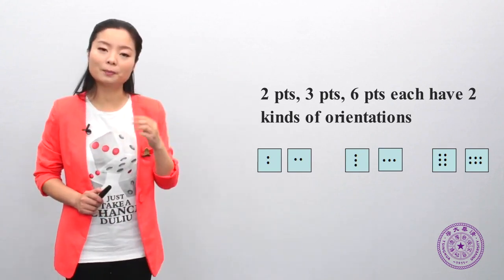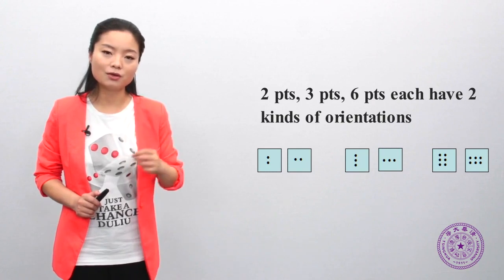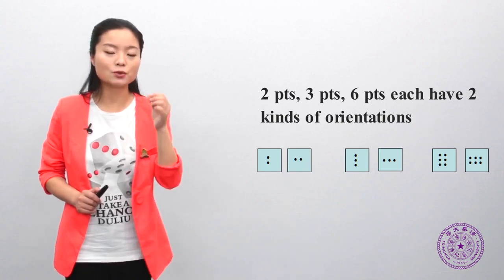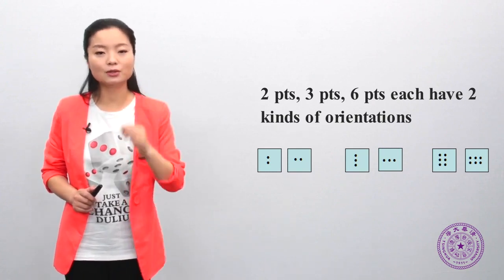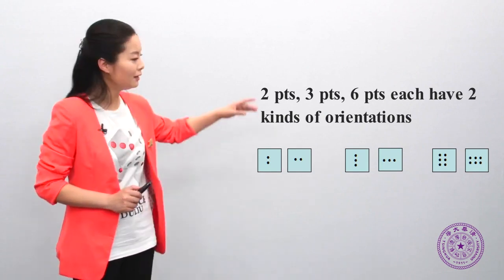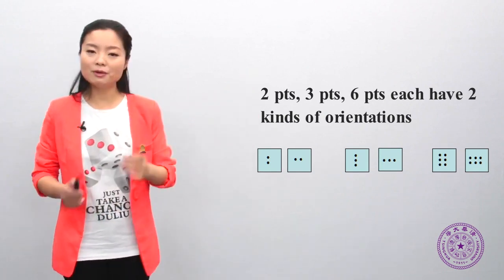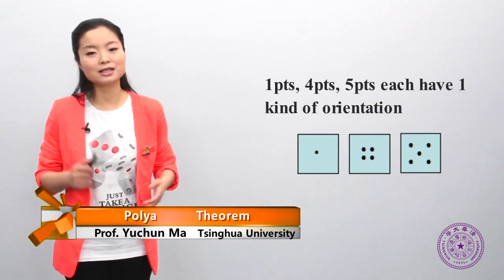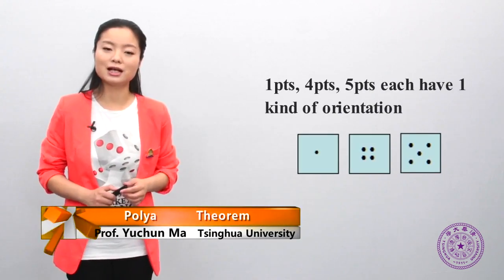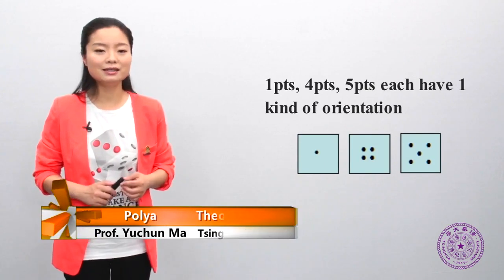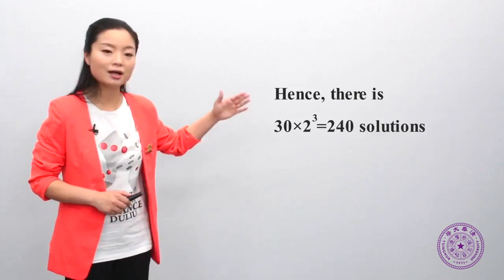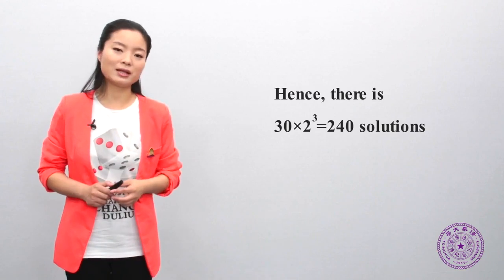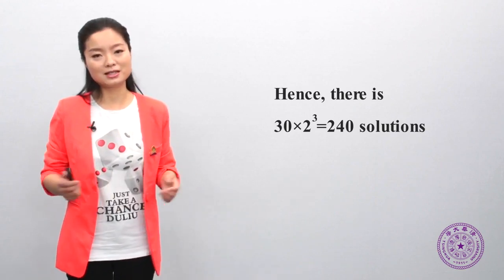Besides the computation based on Burnside's lemma, we still need to consider the diversity within each coloring solution. Over here, we can see that 2 points, 3 points, and 6 points have 2 different orientations each, whereas 1 point, 4 points, and 5 points are symmetric. There is only one orientation. Therefore, the real answer should be 30 multiplied by 2 to the power of 3, equal to 240 different types of dice structure.